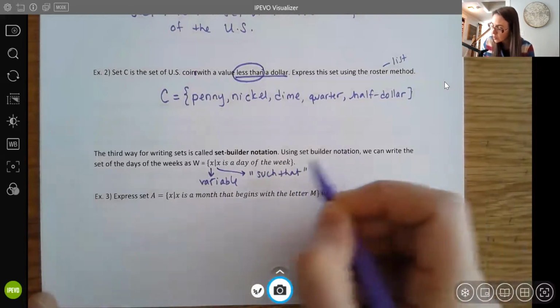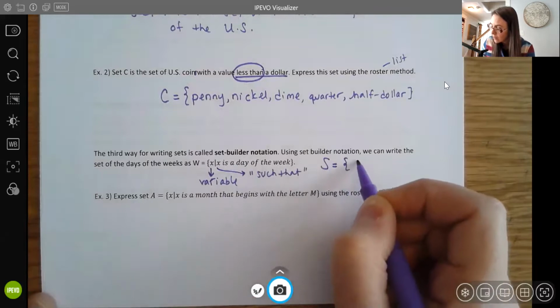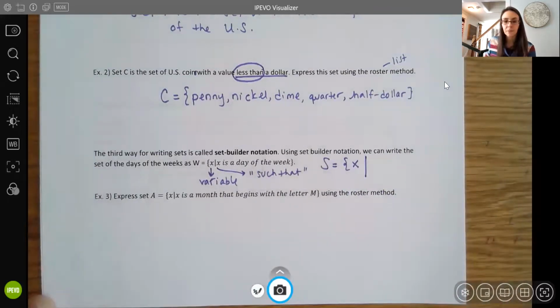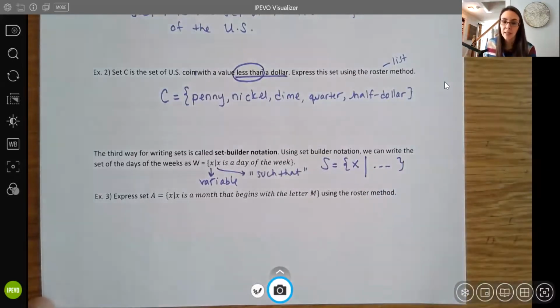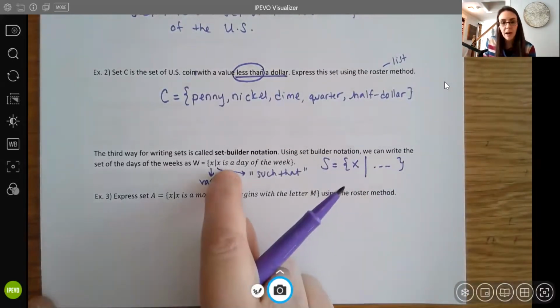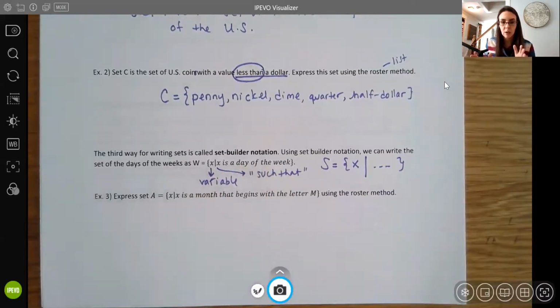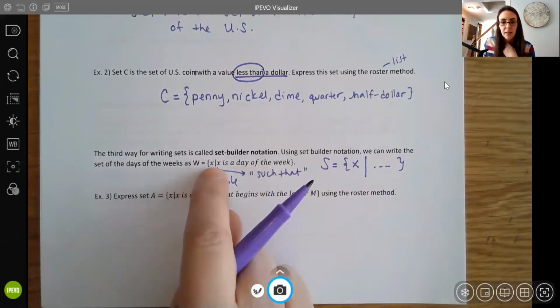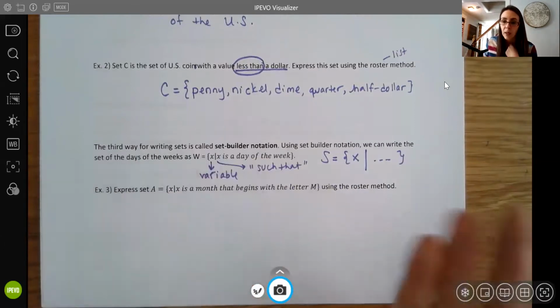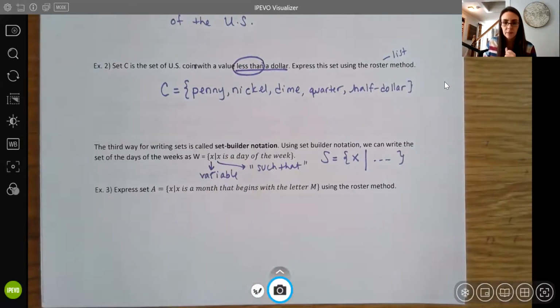So in set builder notation, you're always going to see a variable and then a vertical line. And then you're going to fill in what that set represents next. So you can see we are kind of using a version of the word description here, but we're putting in a more formal notation. So we're saying W is x, such that x is a day of the week. So that's called set builder notation.